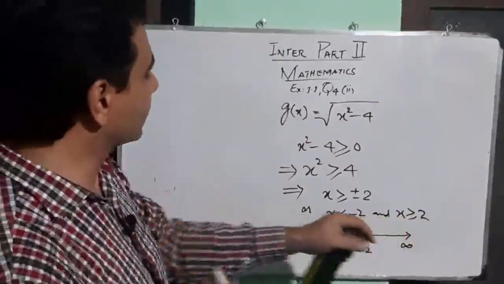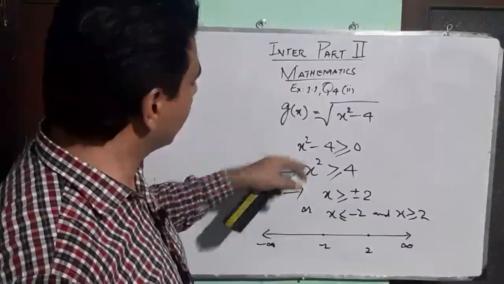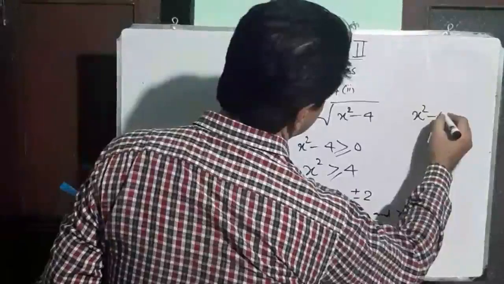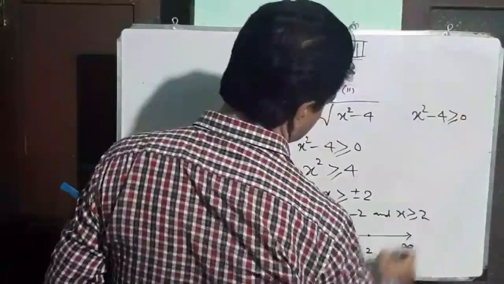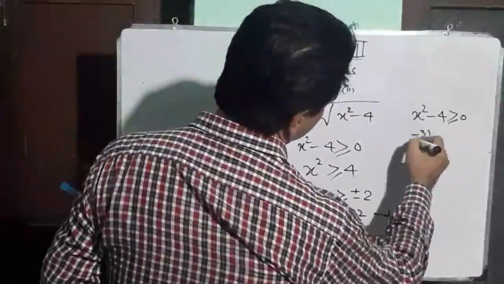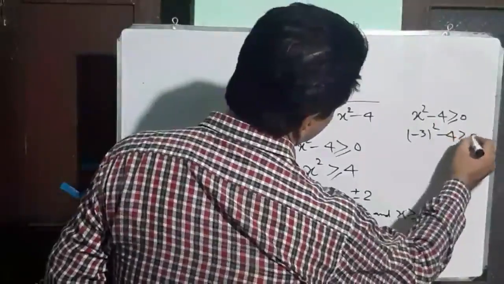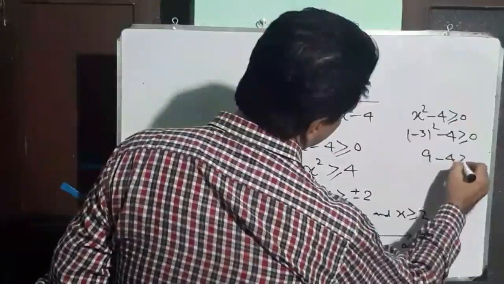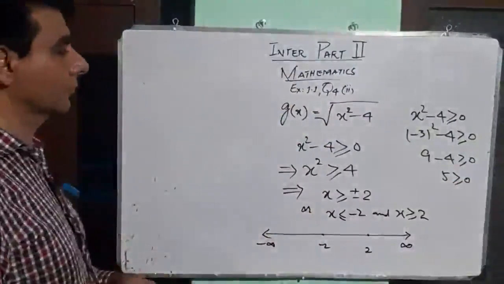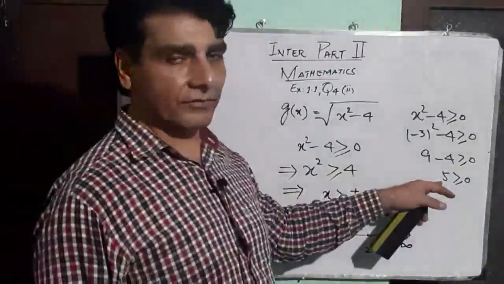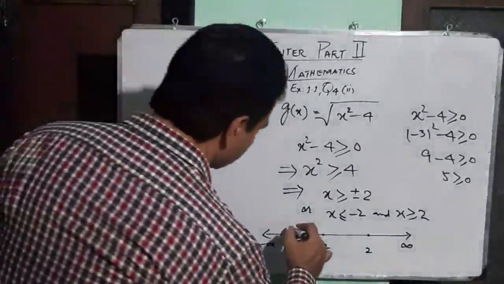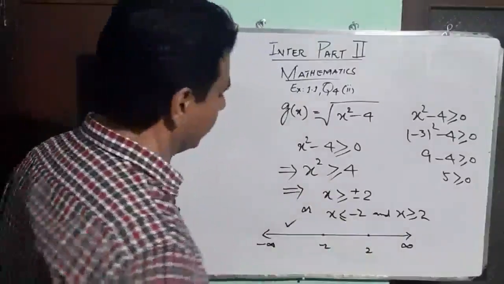If we put minus 3 here, we get 5, so 5 is a positive number, so it will be defined. We will include this interval.